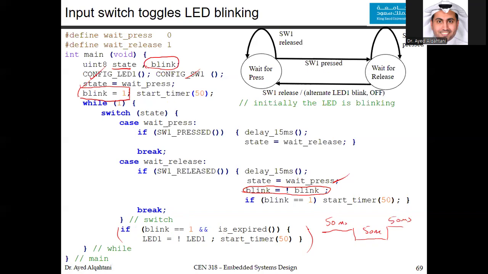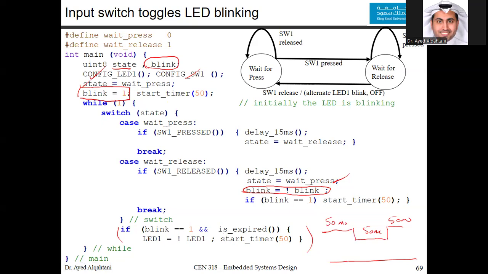This is the importance of this if statement. If you change, if you press and release, this will affect the blinking. It will make it 0. So if there is no blinking, then there is no toggle. No toggle, meaning that it will be 0 the whole time. That's this code.